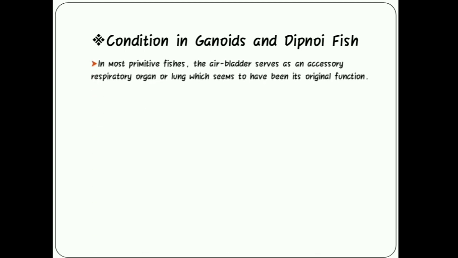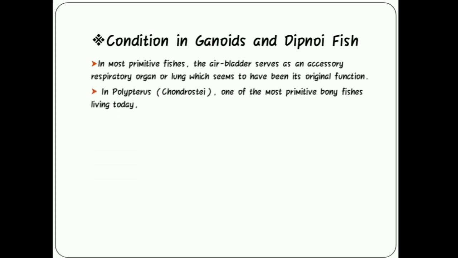Now we discuss the condition in ganoids and dipnoids, meaning lungfish. In most primitive fishes, the air bladder serves as an accessory respiratory organ or lung, which seems to be its original function. In dipnoids or lungfish, the air bladder is used as an accessory respiratory organ.